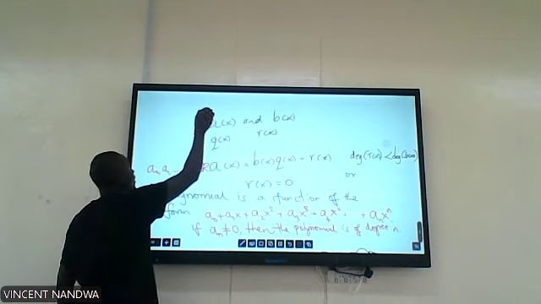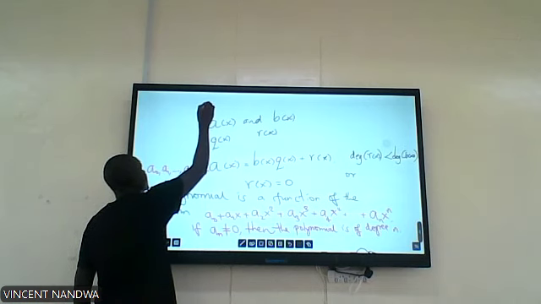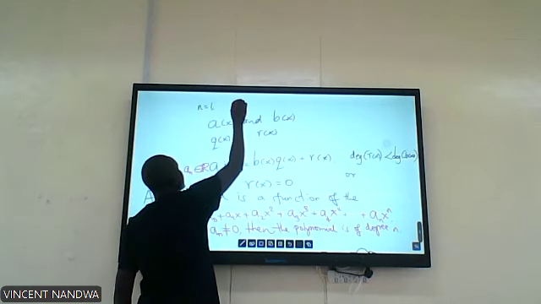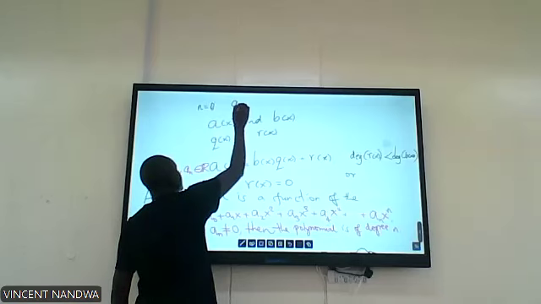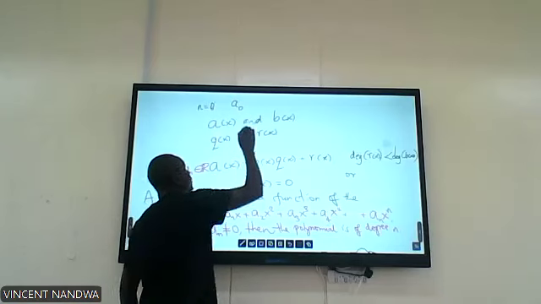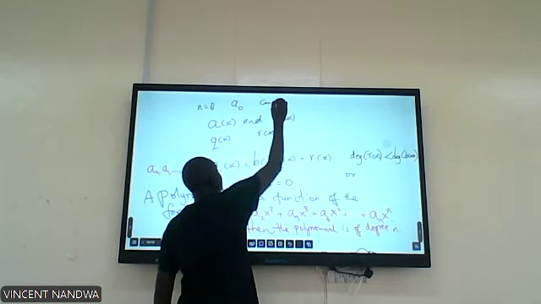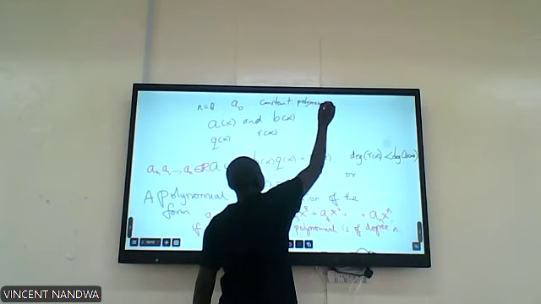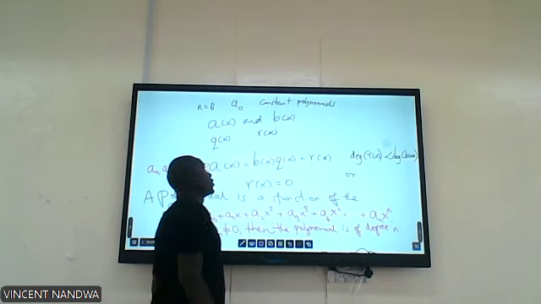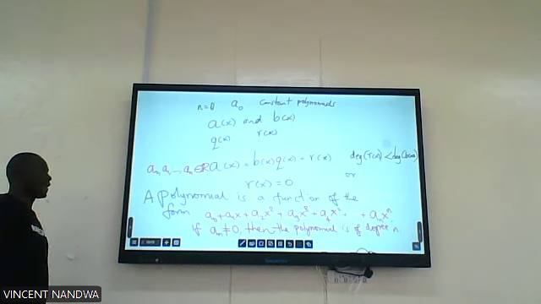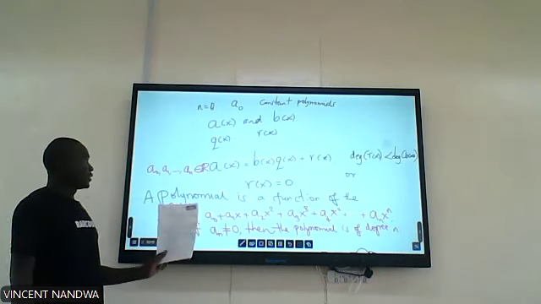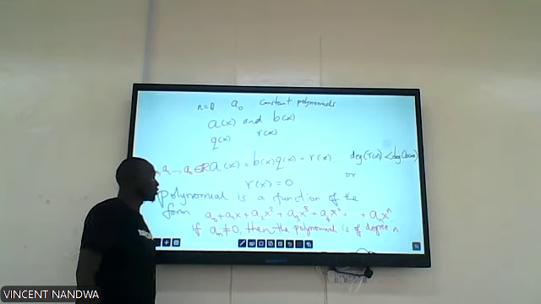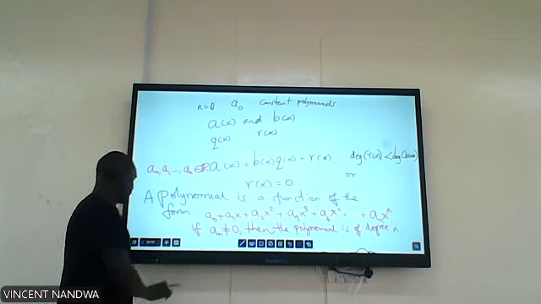If n is 0, I just have a0. These are called constant polynomials.